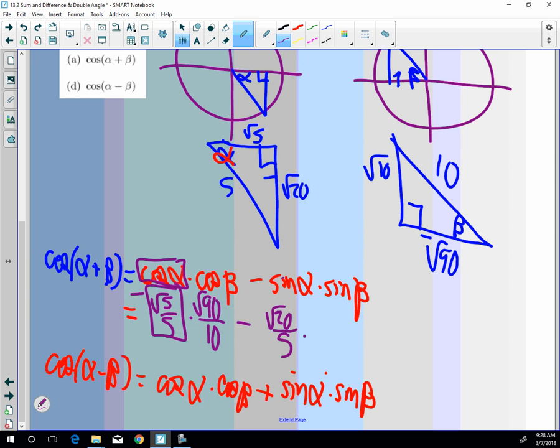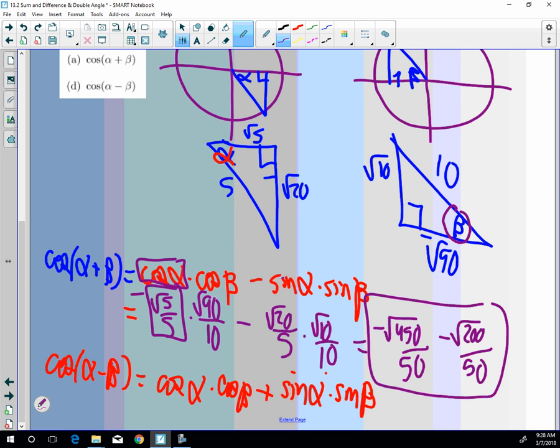What's the sine of beta going to be? 10 over 10. So simplifying this, which is kind of horrible, it's going to be negative square root of 450 over 50 minus square root of 200 over 50. And you can just leave it like that. Good enough. There's your answer.